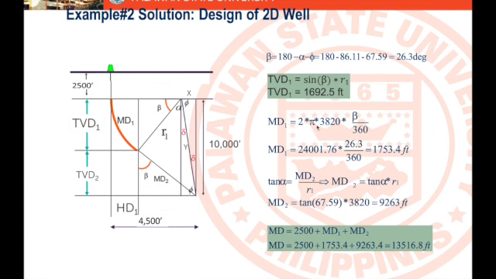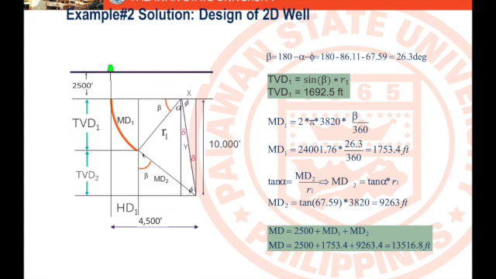So pi over 180 times our radius of curvature times our angle will give us the length of the arc of the circle. Okay, so plugging that in, we have MD1 as 1753.4 feet.